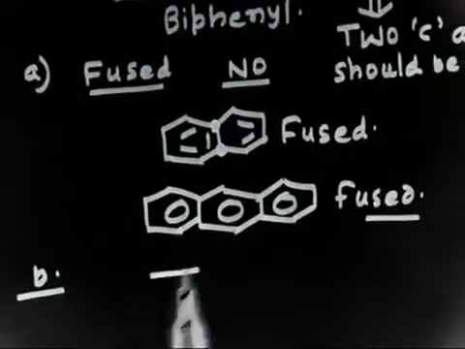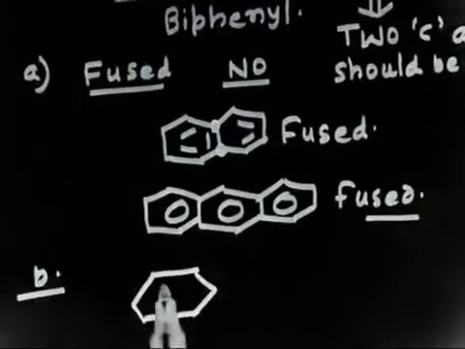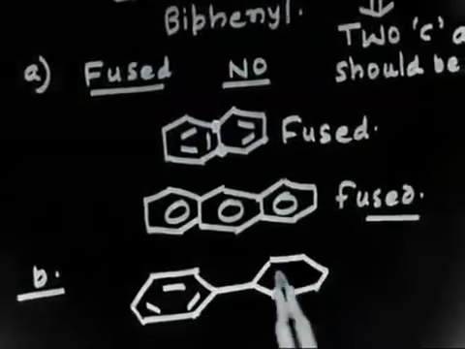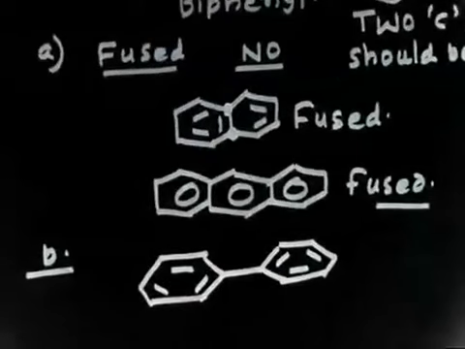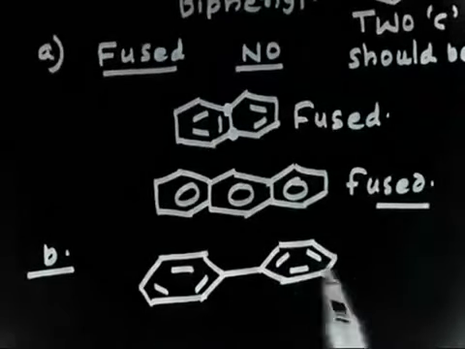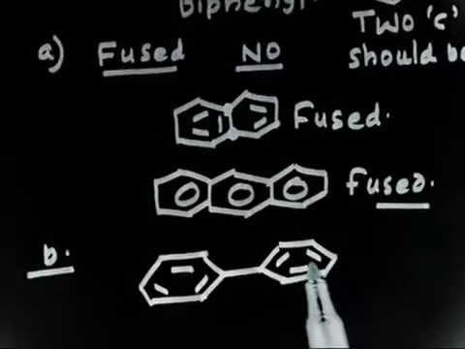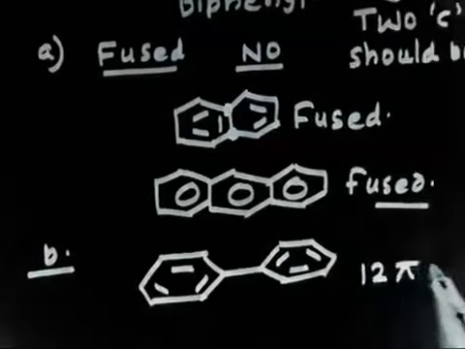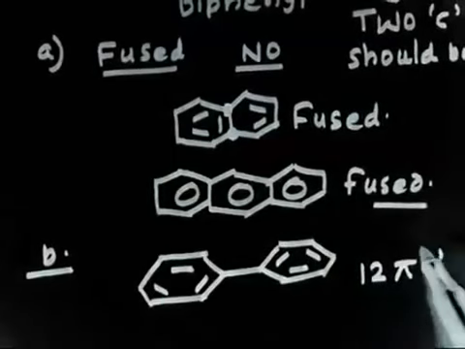This is an example of biphenyl. So we have 2 plus 2, 4, plus 2, 6, and 6 on this side. So we will have a total of 12 pi electrons. So this system contains 12 pi electrons.